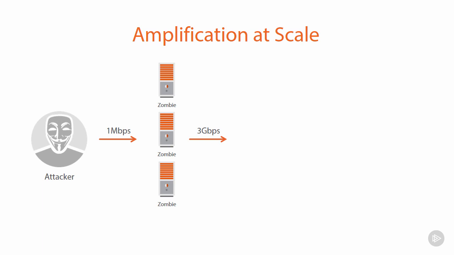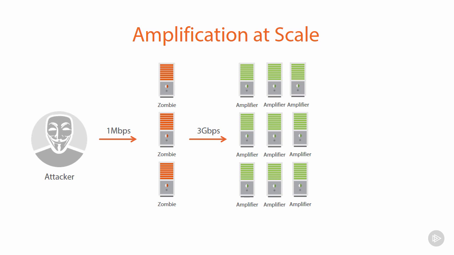Now they're going to use DNS amplification, so each one of these machines is now communicating at 1 gigabit a second, which gives a total of 3, and they're communicating to a whole bunch of different DNS resolvers. And these resolvers are going to be used as amplifiers. And the factor they're going to amplify at is a factor of 10.